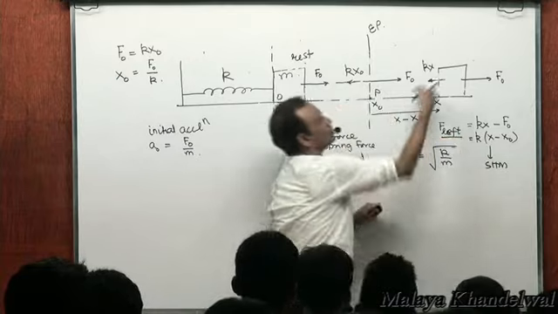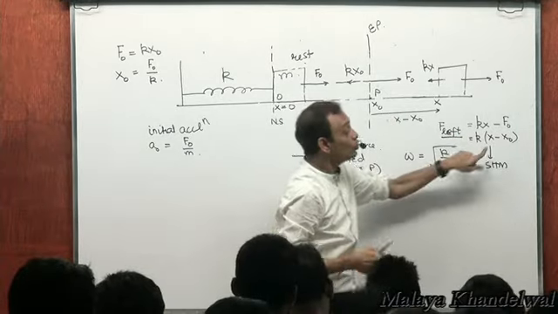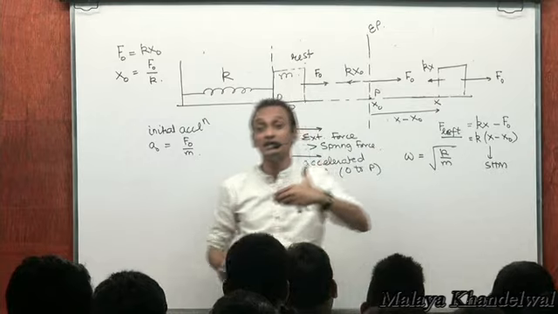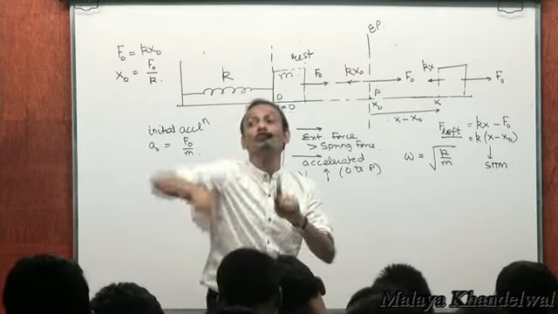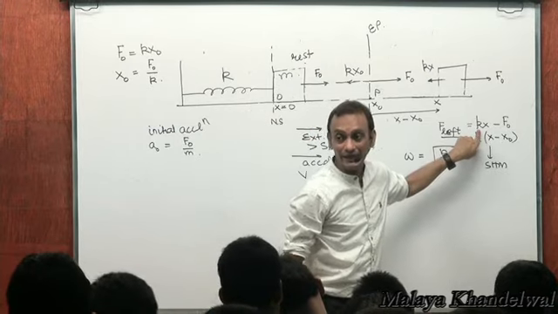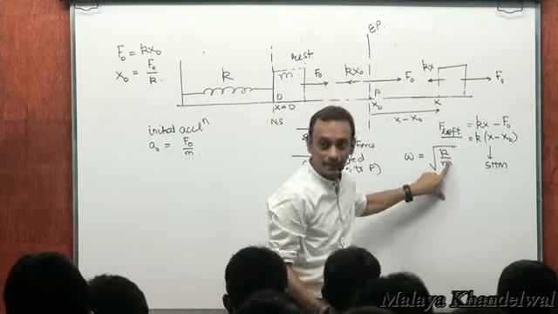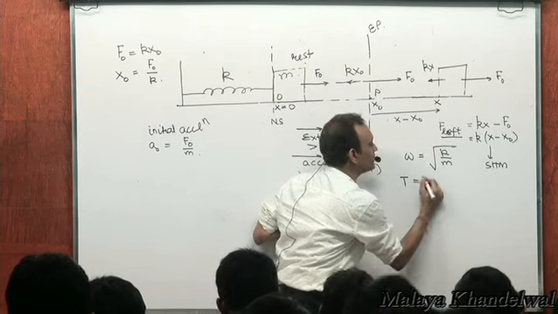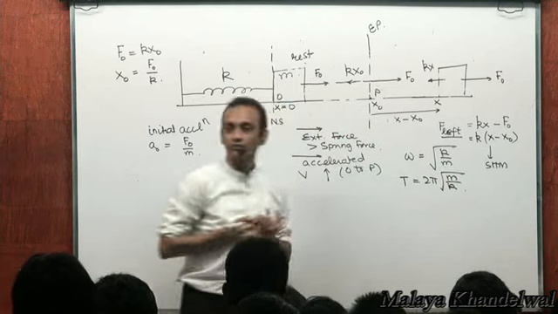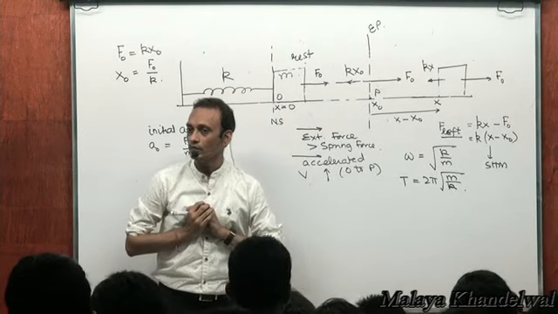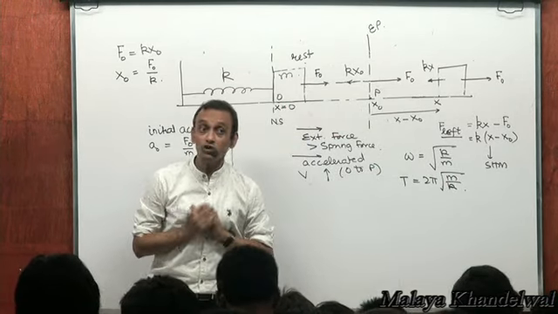Because one, the force is restoring in character. Two, it's proportional to how far the particle is from the mean position. Therefore, the motion must be simple harmonic with the force constant for oscillation being k. Therefore, omega would be root k by m. The time period of oscillation is going to be 2 pi by omega. Sounds all right?